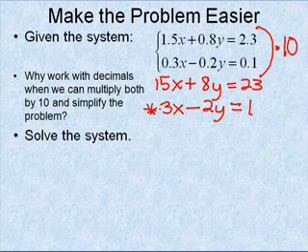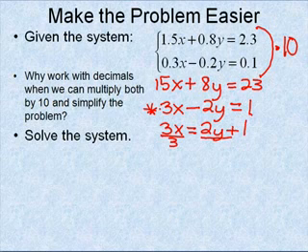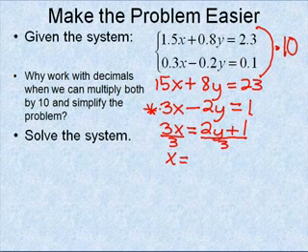So I get 3x is equal to 2y plus 1. Now I divide both sides by 3, and I get x equals 2/3 y plus 1/3.